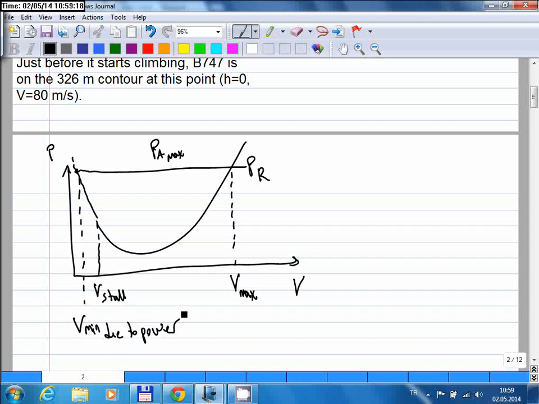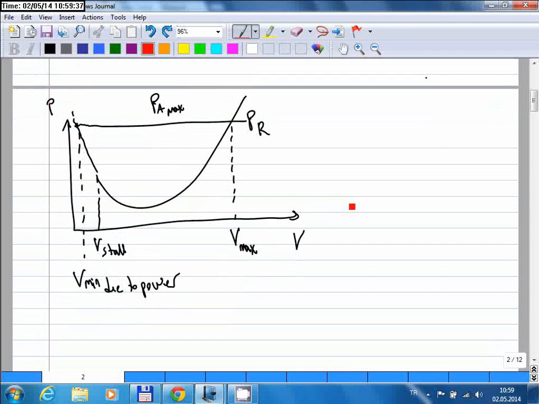That means the aircraft can only possibly fly at a certain speed range. It cannot fly faster than the maximum speed. So this is out of the range of this aircraft's flying speed range, and similarly there's a lower limit.